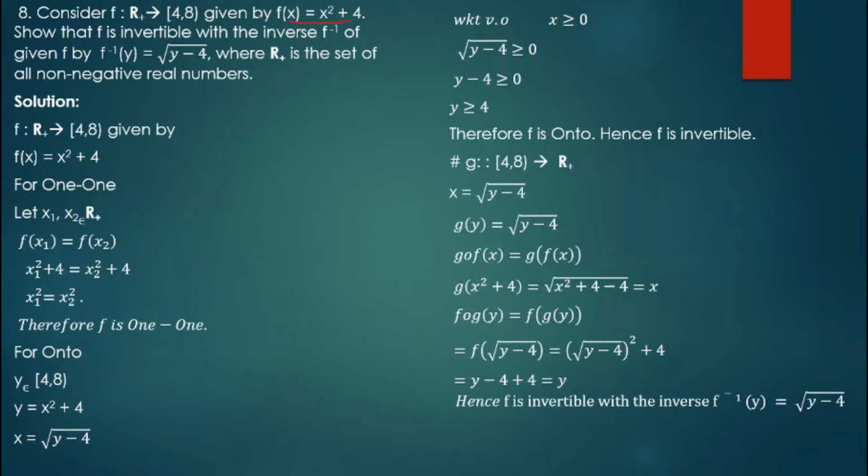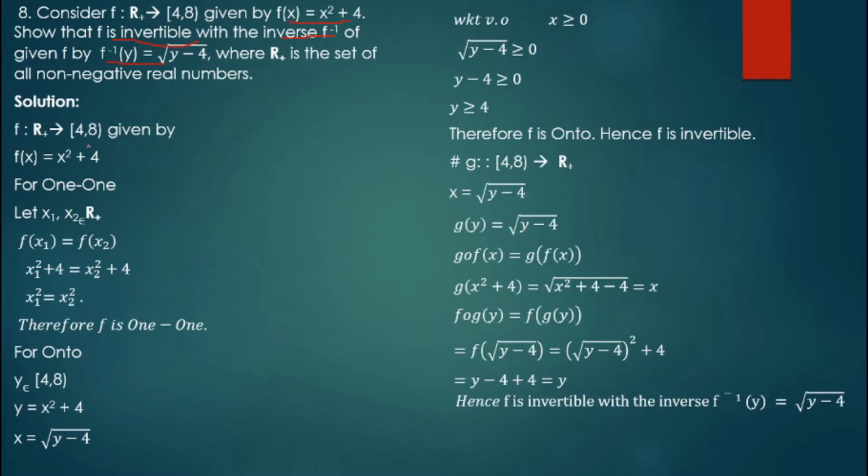Given by f(x), so what is f(x)? It is x² + 4. So what we have to prove is that it is invertible with inverse given by f⁻¹(y) equal to √(y − 4), where R+, as I said.